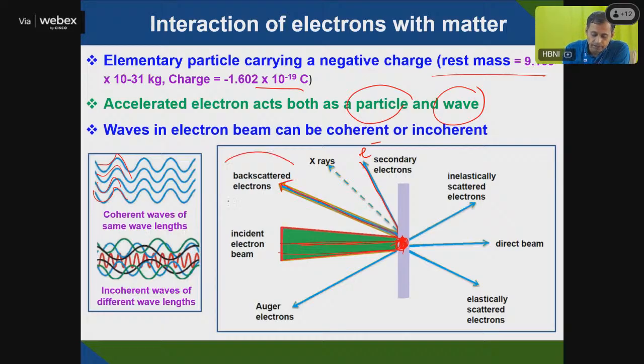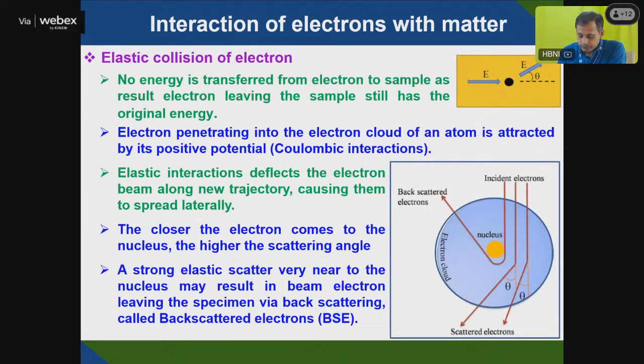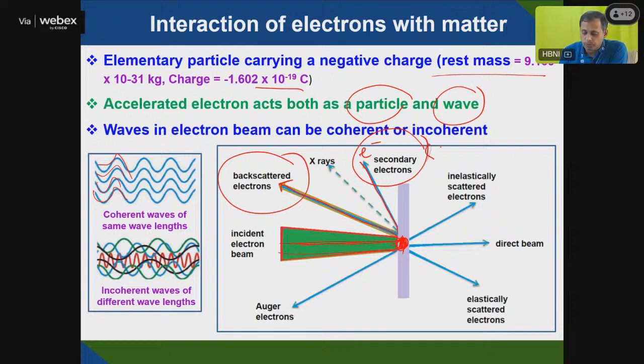As you know, backscattered electrons and secondary electrons are the two commonly used in the scanning electron microscope. The SEM mostly uses backscattered or secondary electrons, depending upon the topographic image you want or other information you need. And the X-rays produced by the electron absorption are used in EDAX or EDX, energy dispersive X-ray spectroscopy.